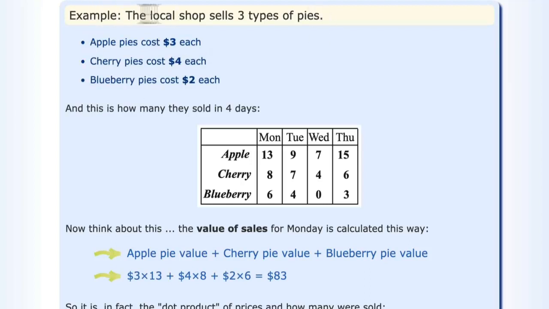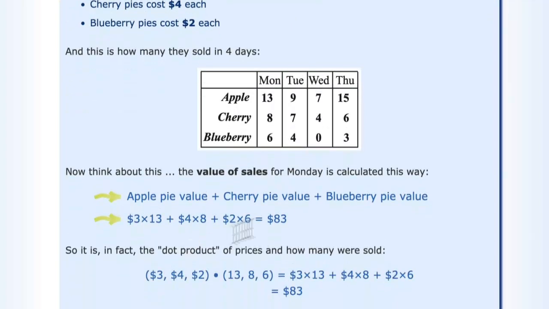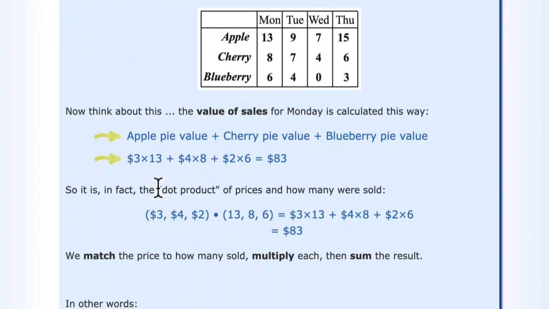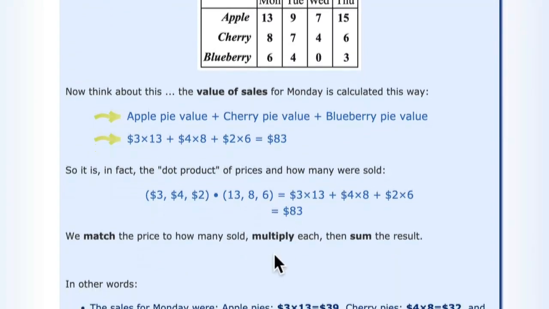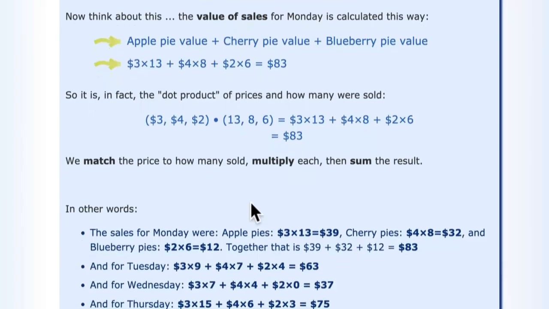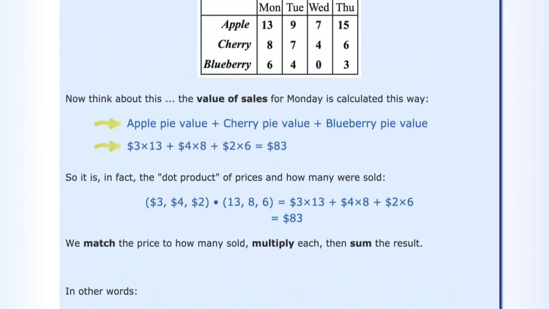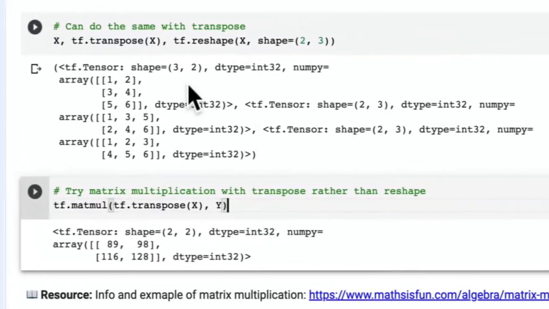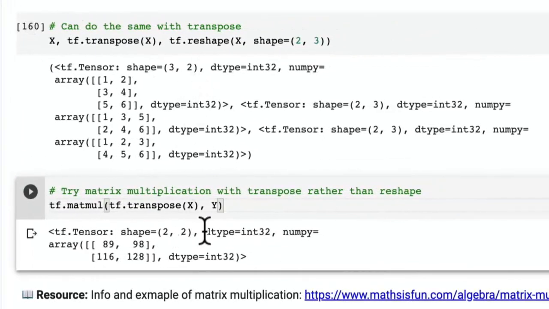So, example, the local shop sells 3 types of pies, and then we have details here. And if you go through this, this is actually a dot product to work out the value of sales for any given day. Now, this is just a small example here, but in the case of neural networks, they're actually going to go through an absolute multitude of these different numerical transformations to find patterns in our data.